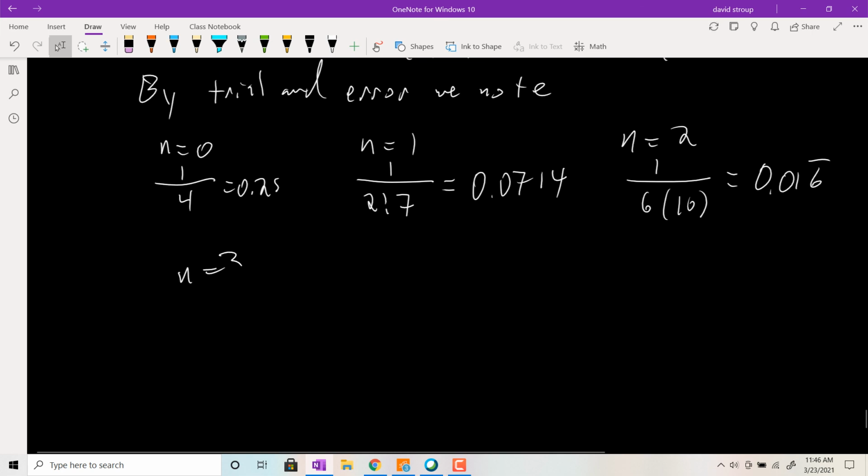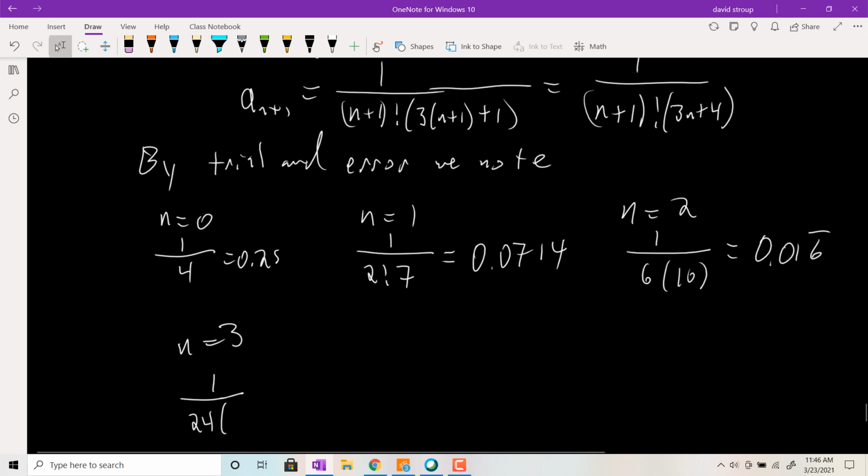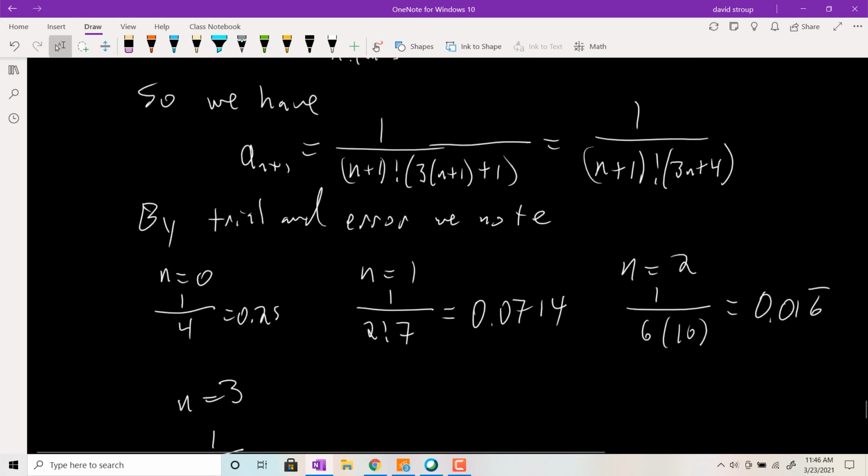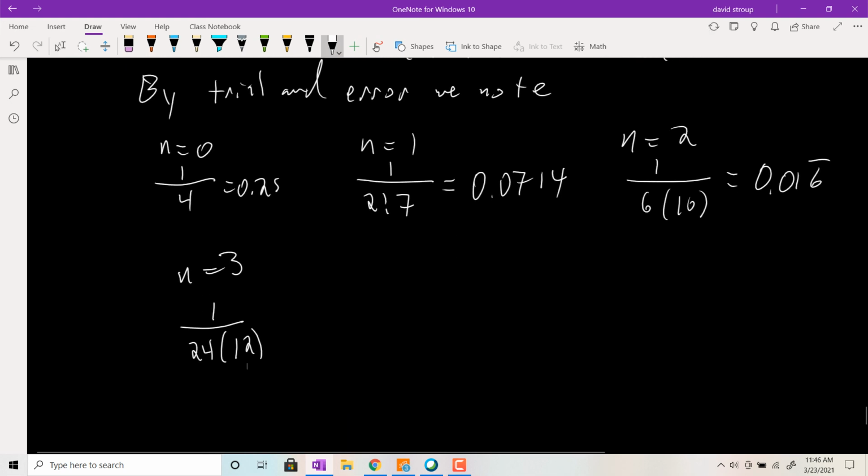Try n is 3. So we'll have 1 all over 4 factorial, which is 24, times 12. Oops, 9 plus 4 is 13, sorry. Which will equal 0.0032.